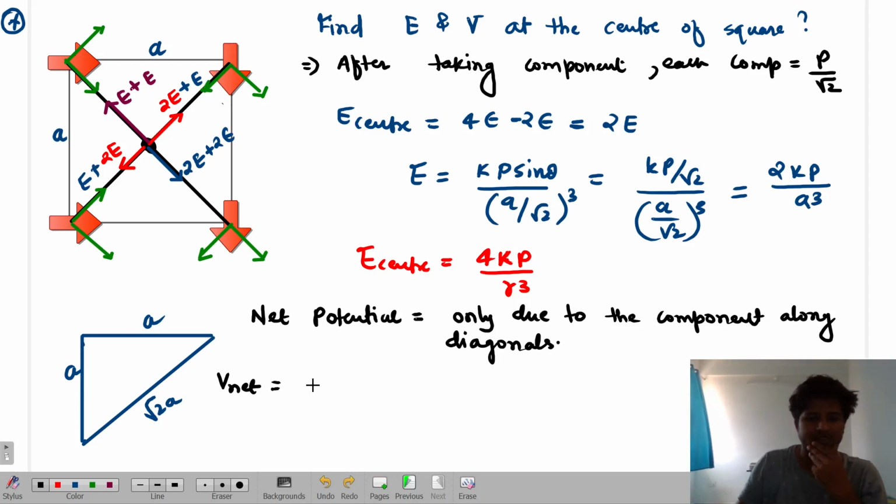So for this the potential will be simple Kp cos 45, which is root 2, so Kp by root 2 divided by this distance R by root 2, A by root 2, isn't it? So this is for the first one.